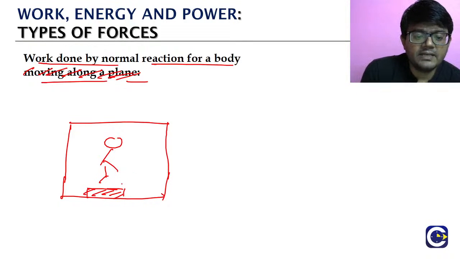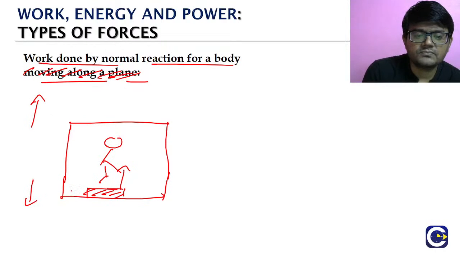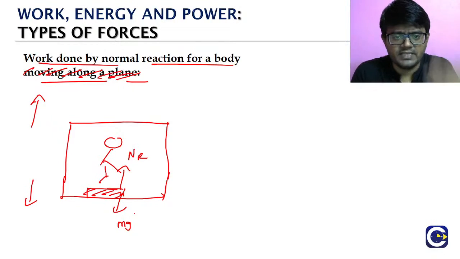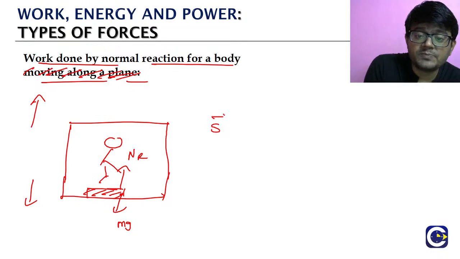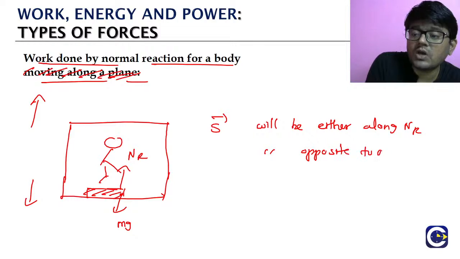Okay, so look here, the lift which is going up or going down. There will be a normal reaction, and similarly there will be the weight of that person. There will be two forces: the normal reaction and the weight. If there is a displacement of that lift, either upwards or downwards, the displacement will be either along the normal reaction direction or opposite to the normal reaction direction.